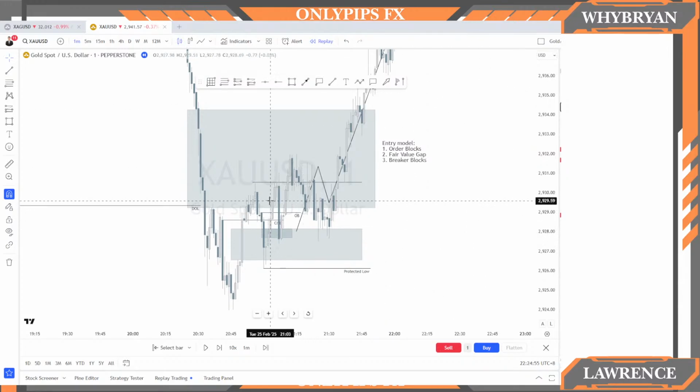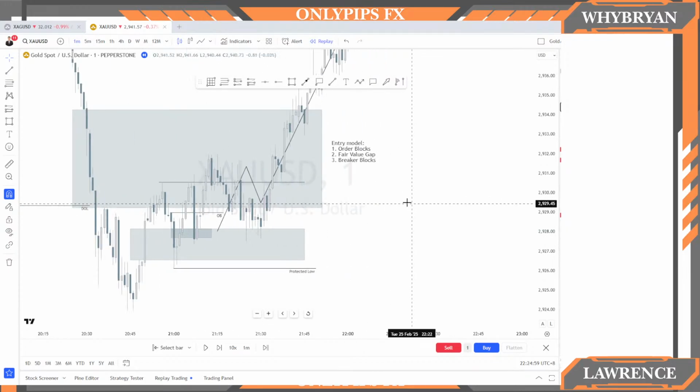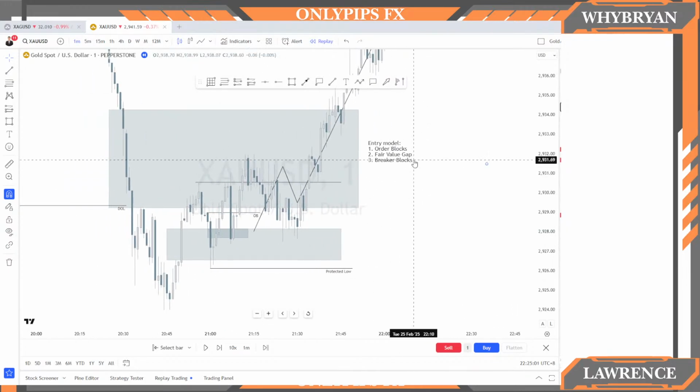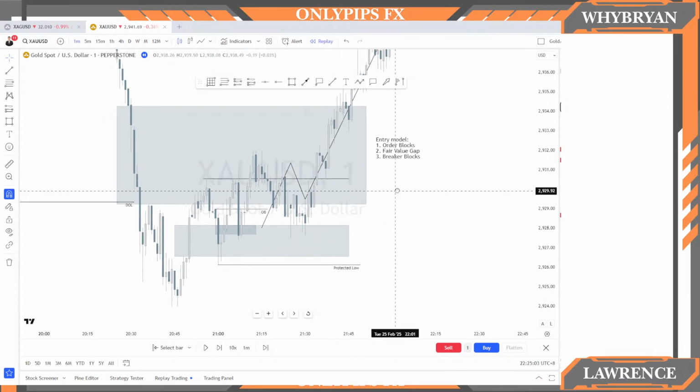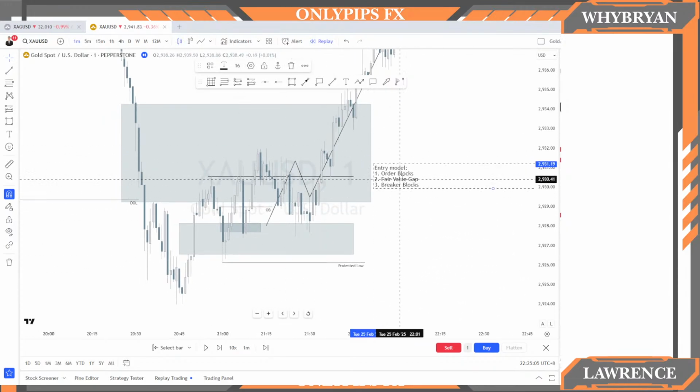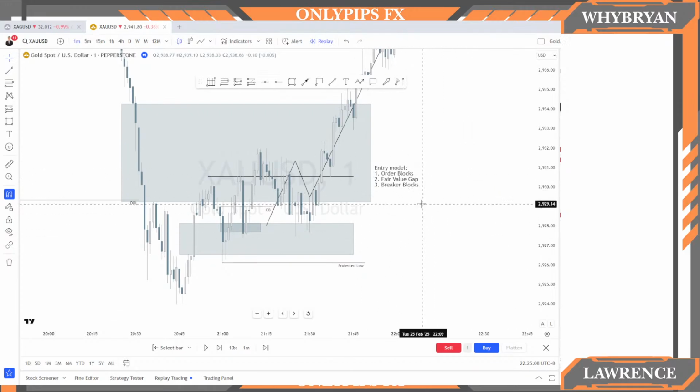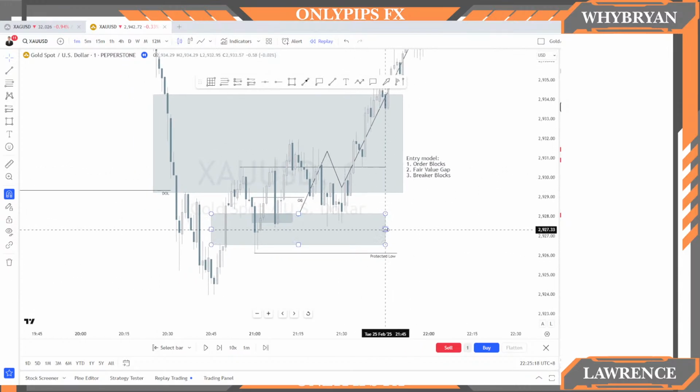So let's touch on these three first, without confusing you guys. The entry model you can actually look at is the order block retest, the fair value gap, and the breaker block.